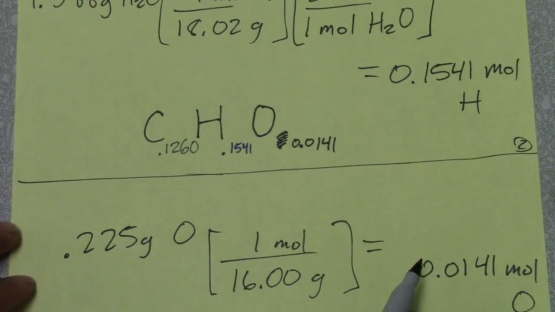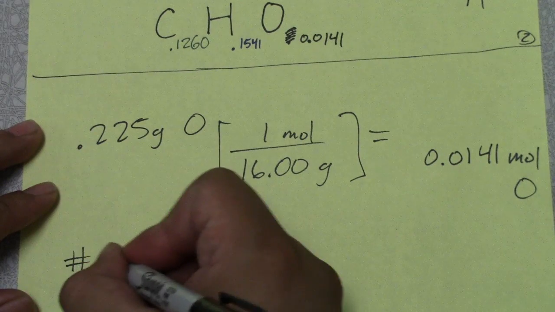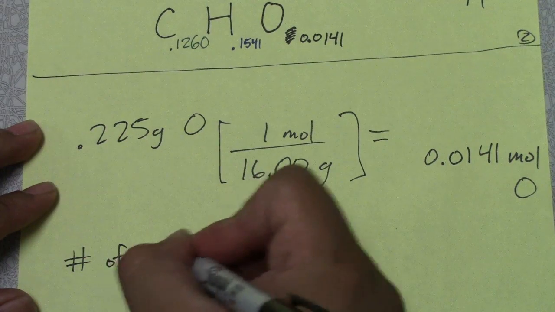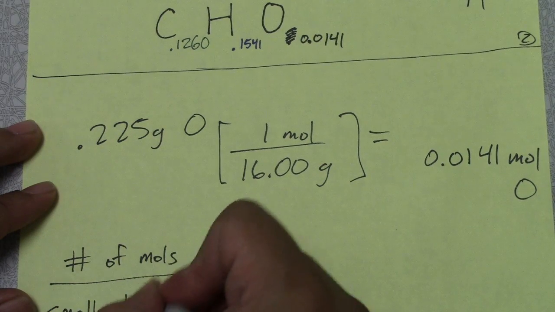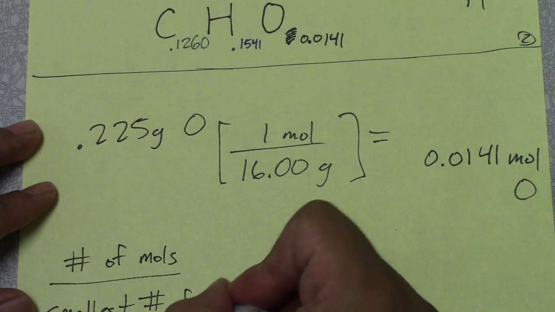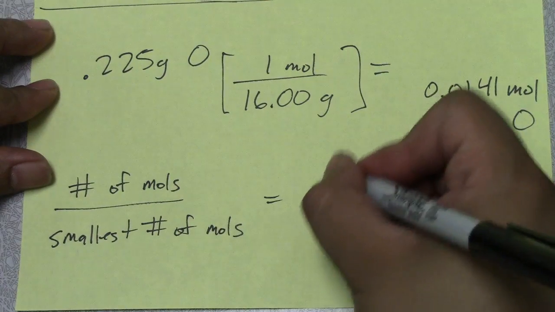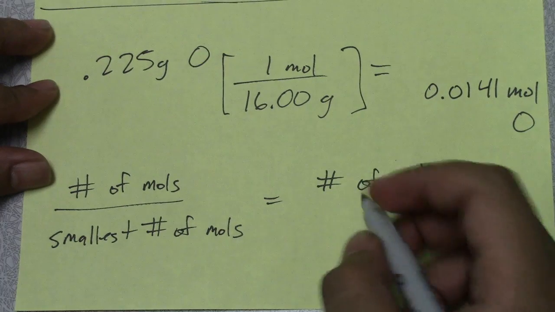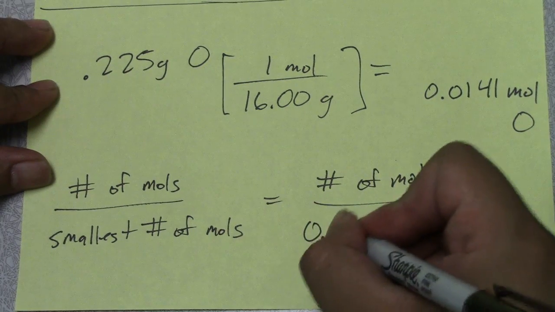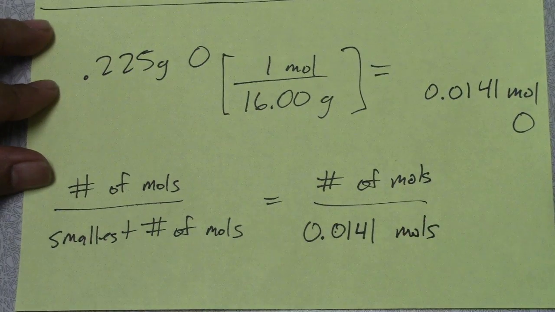The general formula I'll write down here for you. You take your number of moles of whichever of those you like and divide it by the smallest number of moles. For us, that's going to mean we're dividing our number of moles by our smallest, which is 0.0141 moles.